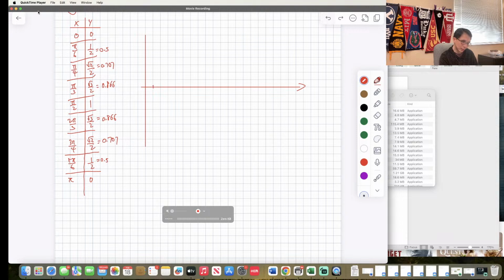This is a pi over 6, and this is a pi over 3, and this is pi over 2. Do you know why? Because that's 30 degrees, 60 degrees, 90 degrees. And I'm going to give you another value here, another 30 degrees, so 2 pi over 3.